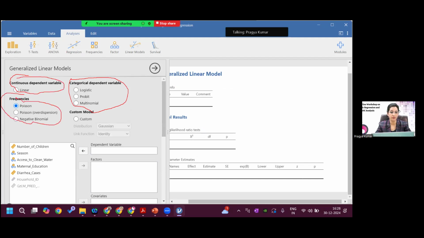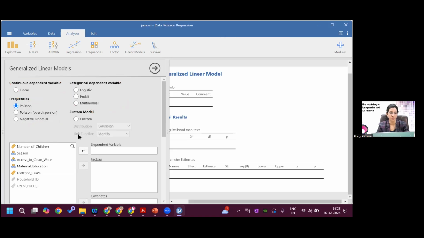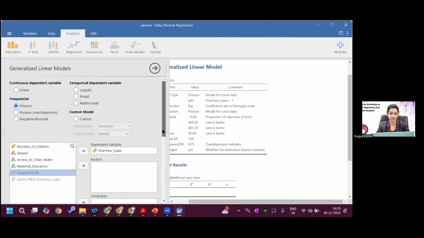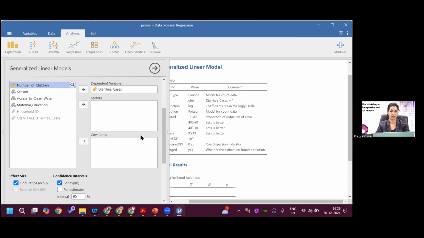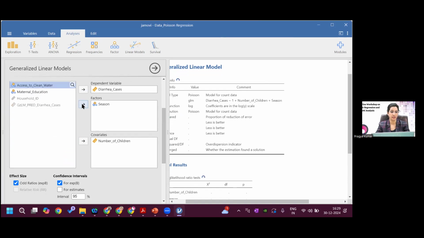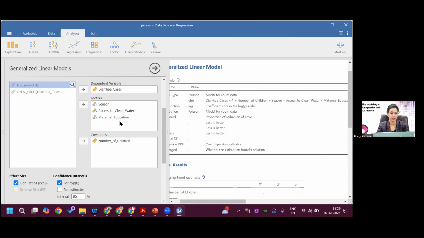So for frequency, I am using this Poisson's regression. You can shift these diarrheal cases here in the dependent variable, and in the independent, you can move the number of children as a covariate, and then season, access to clean water, and maternal education as a factor.